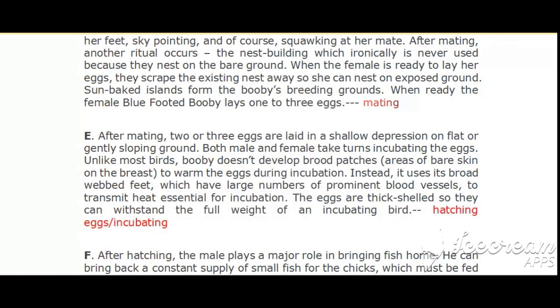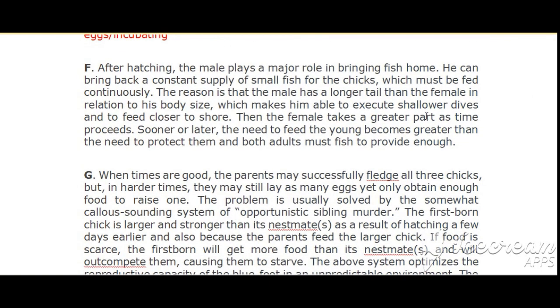Now let's move to the next paragraph, after hatching. So guys, from here we also get a clue that the last paragraph is all about hatching. The male plays a major role in bringing fish home, so he can bring back a constant supply of small fish for chicks, which must be fed continuously. So what does it mean? The feeding.